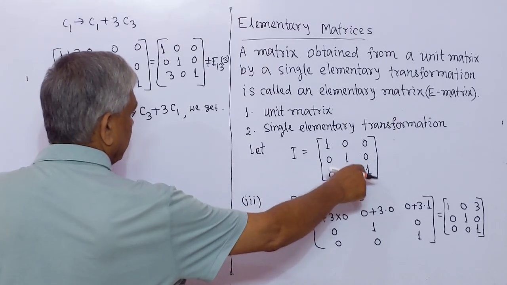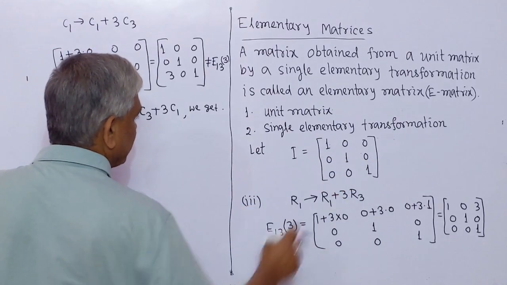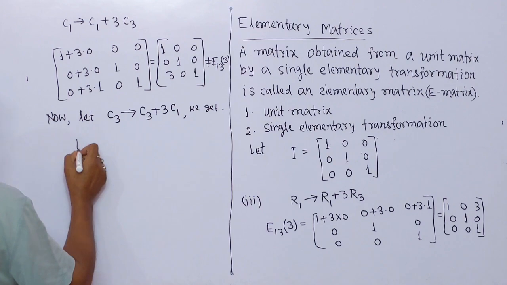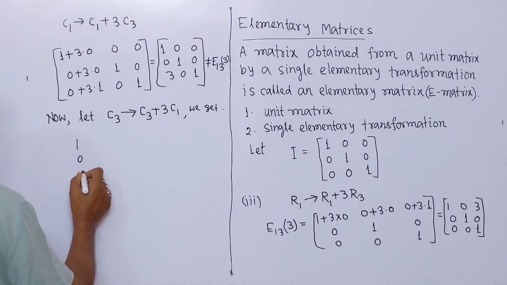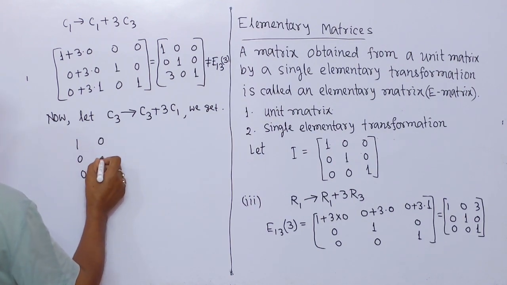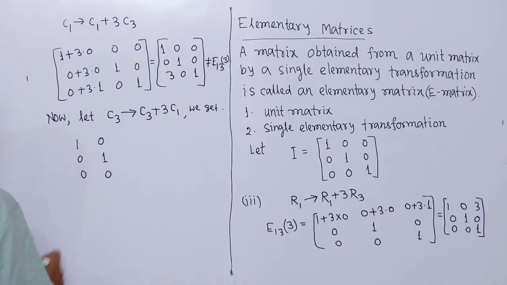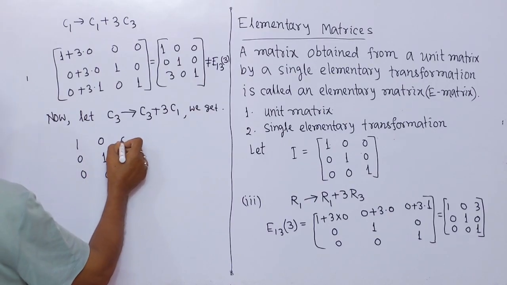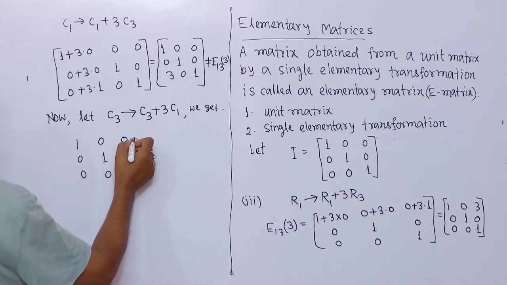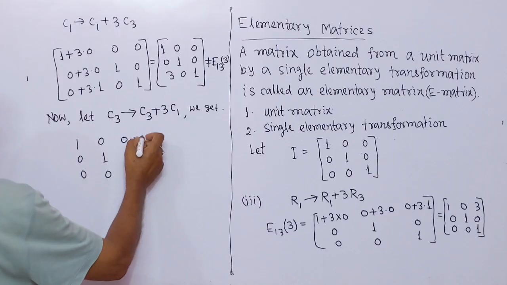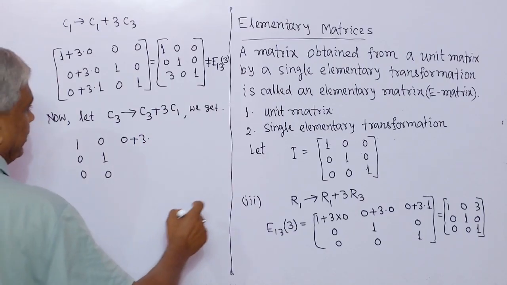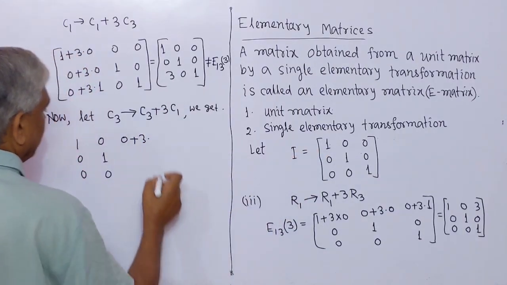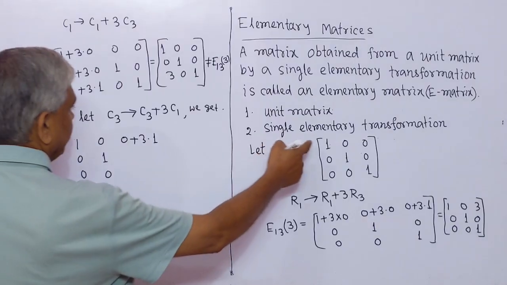Column 1 and column 2 remain the same: 1, 0, 0 and 0, 1, 0. Here in column 3, 0 plus 3 multiplied by C1, meaning the corresponding element 1.